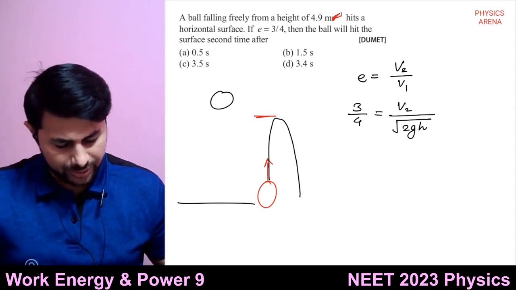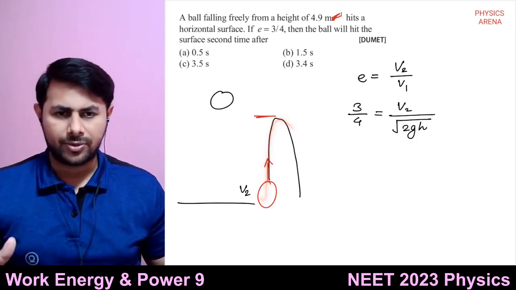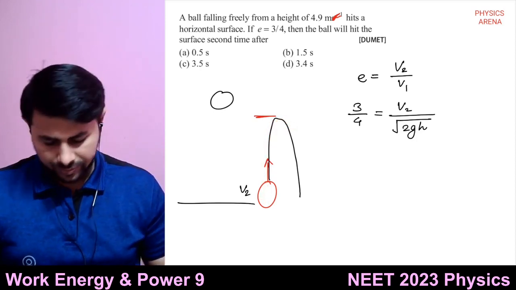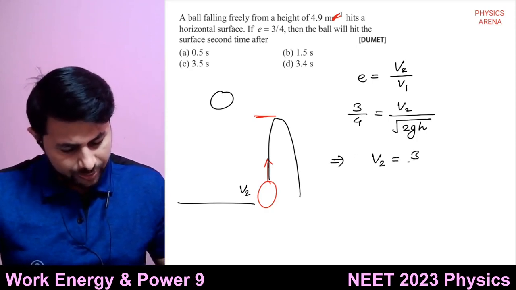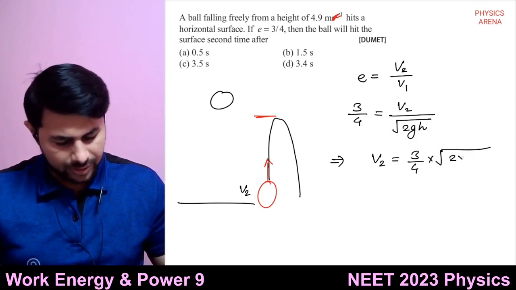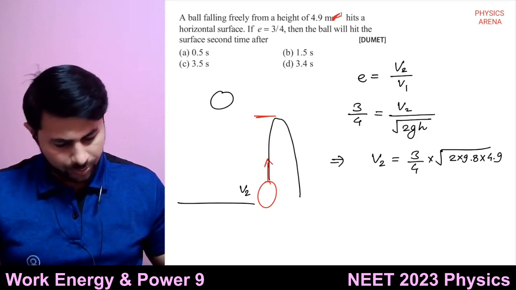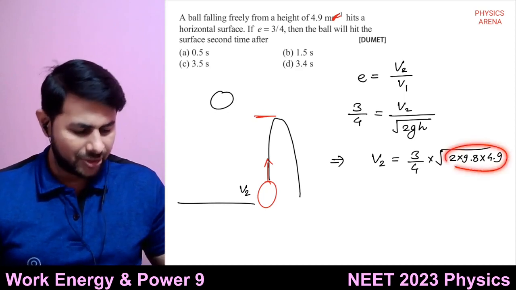Then v2, the velocity with which it bounces for the first time, is equal to 3 by 4 multiplied by square root of 2 times g, which is 9.8, multiplied by h, which is 4.9. So 4.9 times 2 is also 9.8, so it is square root of 9.8 squared.